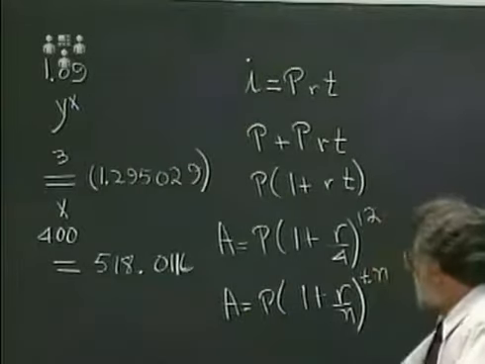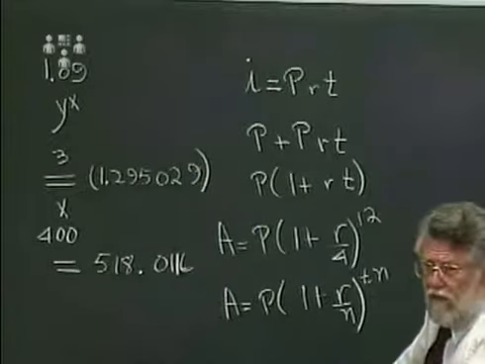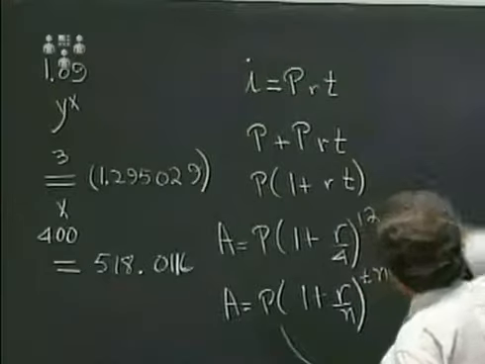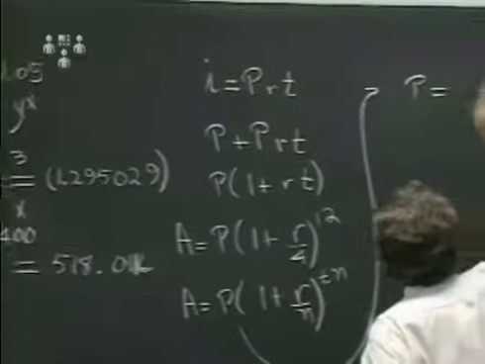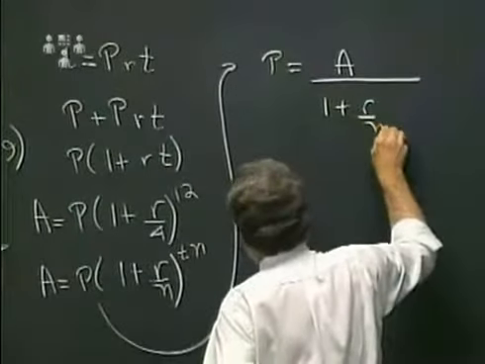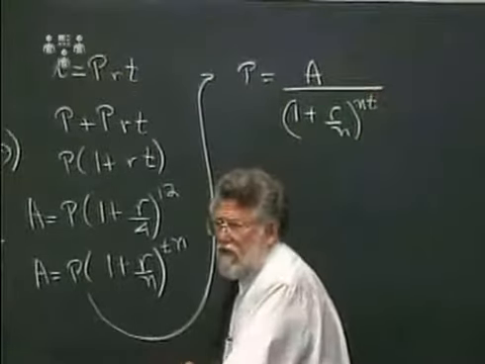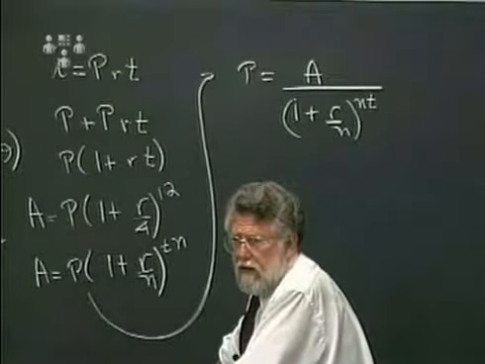So if I look at this formula in terms of what I'm doing here, and I solved for the letter P, then I would take this and say that P is equal to A over 1 plus R over N to the NT, and that's a formula that's talked about for what we say is present value.